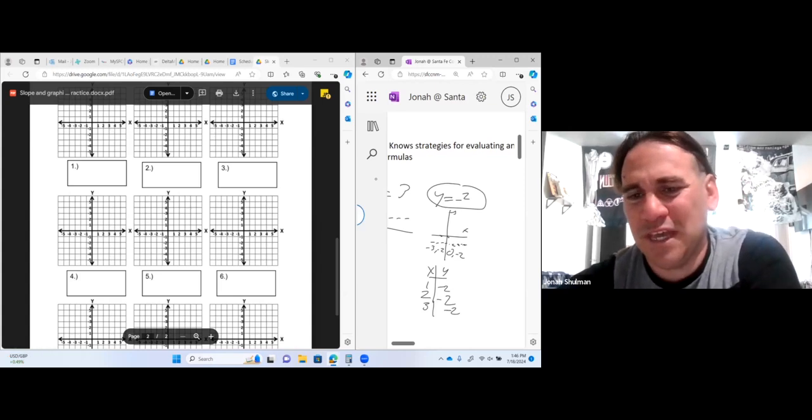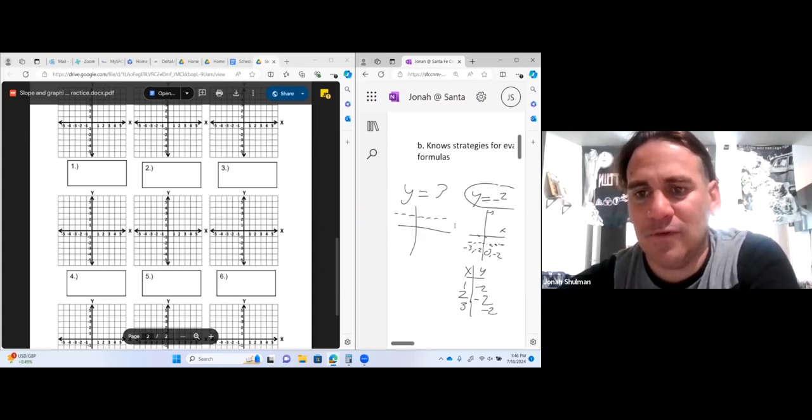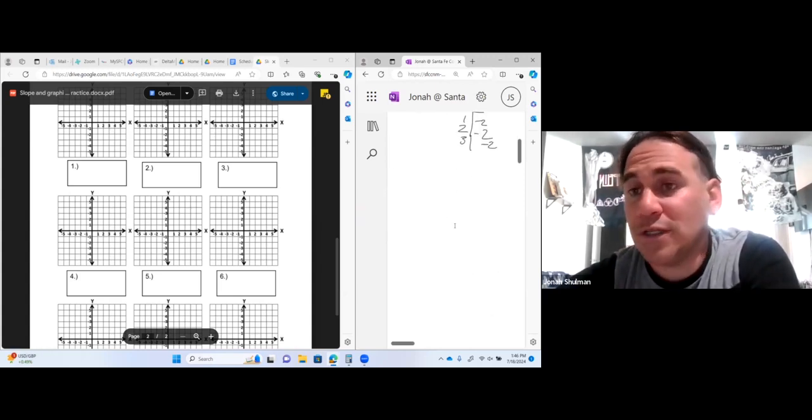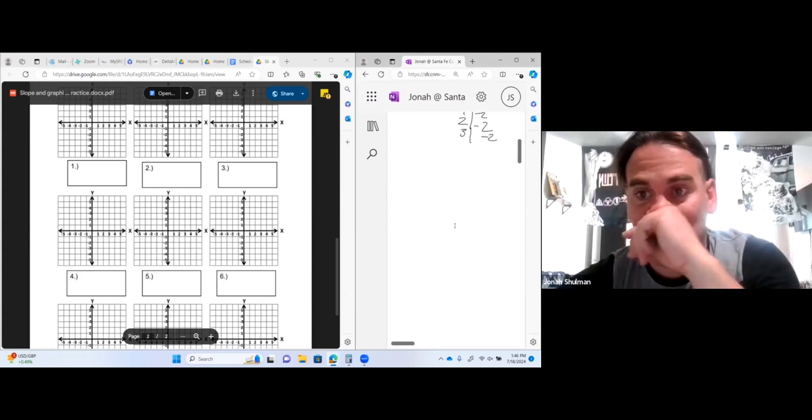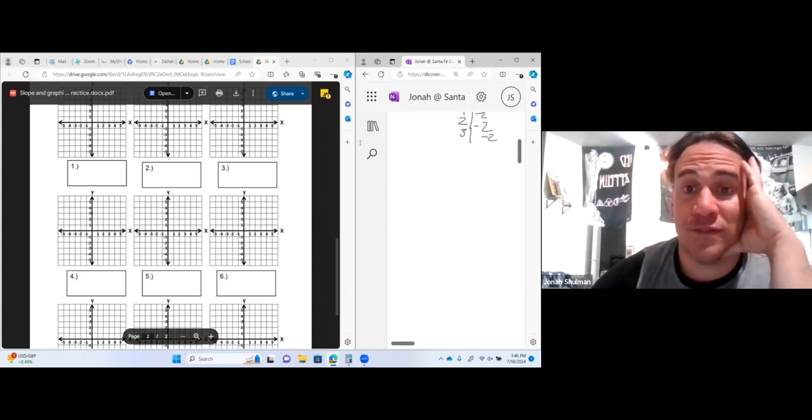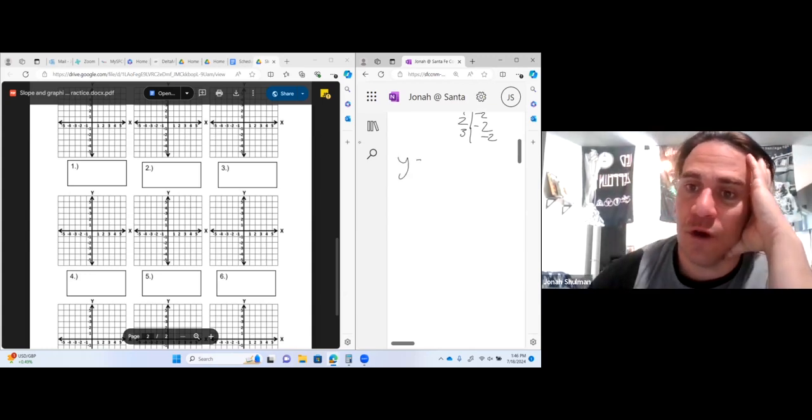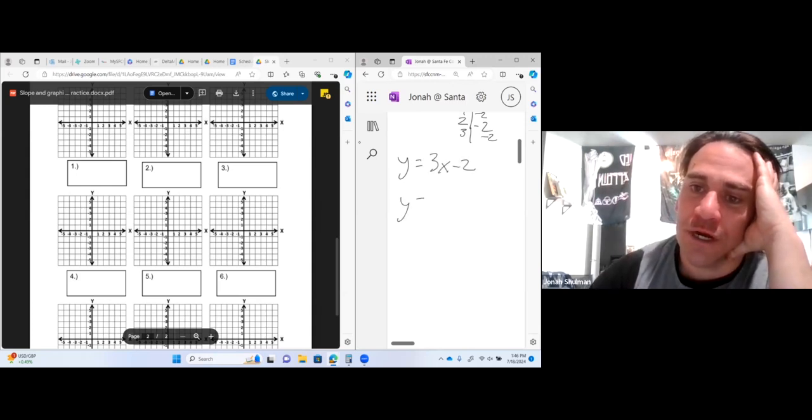So this equation, even though it's on the x-axis, that's what that line looks like. I did the same thing for the x-axis for this one. But also a good thing about it is that I would give them parallel lines, like y equals 3x minus 2 and y equals 3x plus 2.